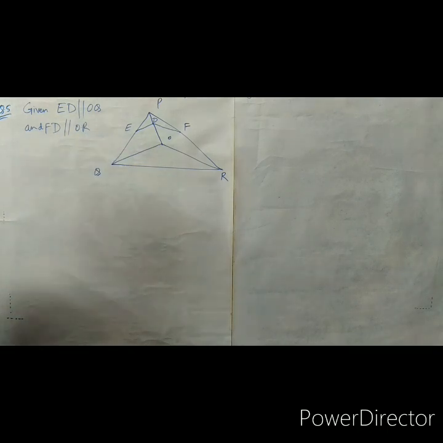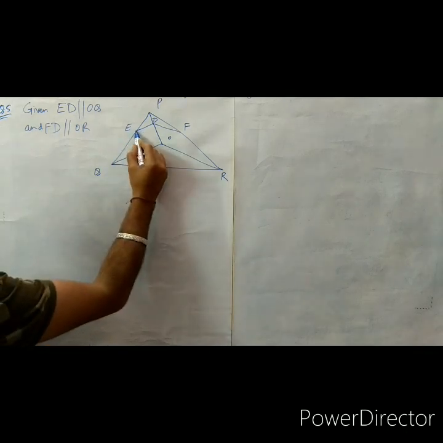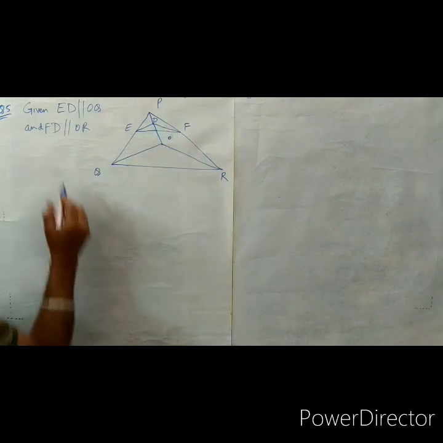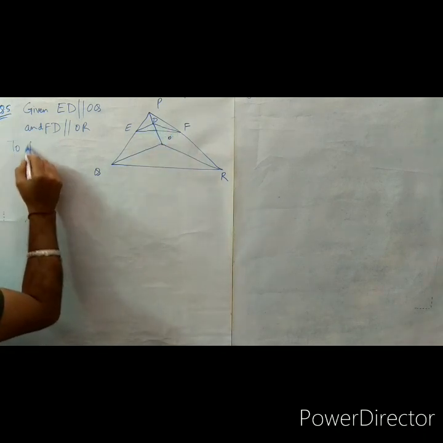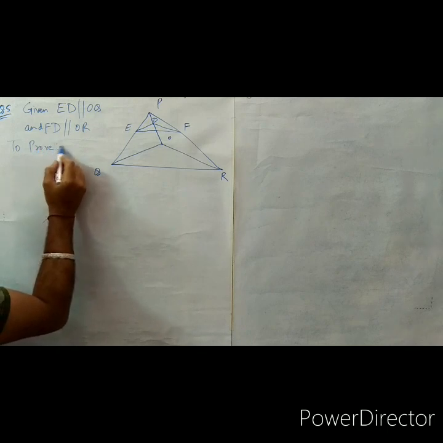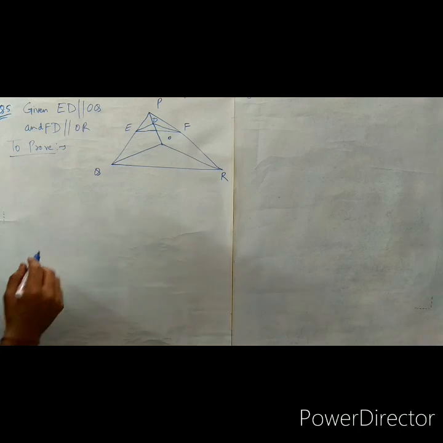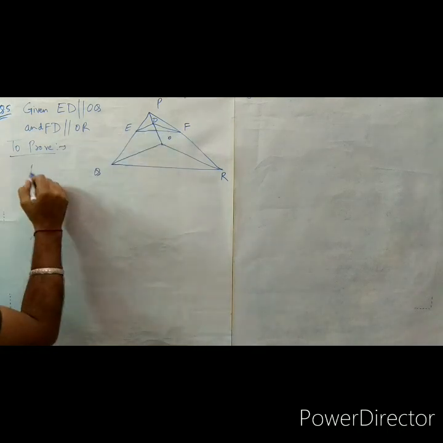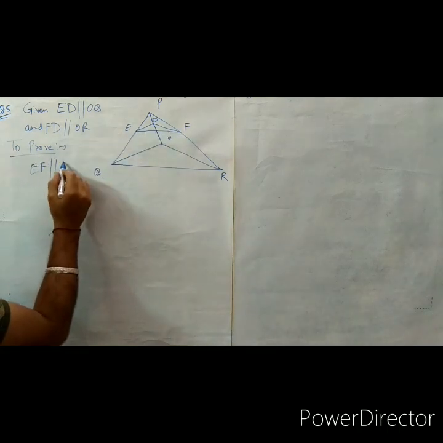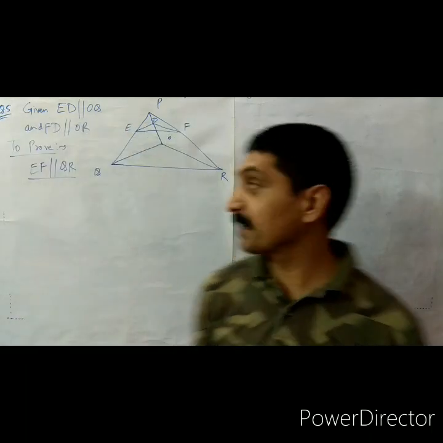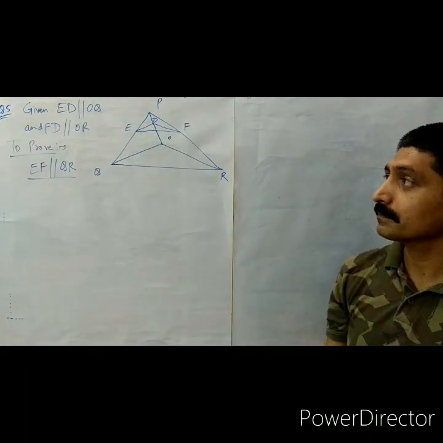Now join E with F. To prove, we have to prove that EF is parallel to QR. So it's a simple application of the basic proportionality theorem.